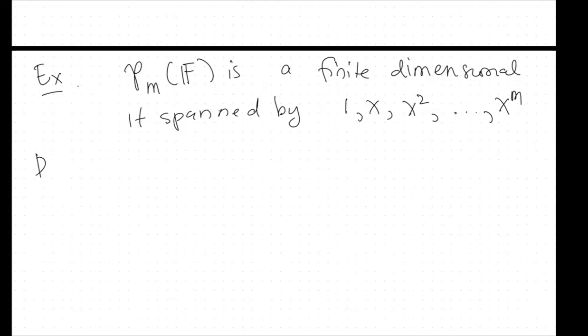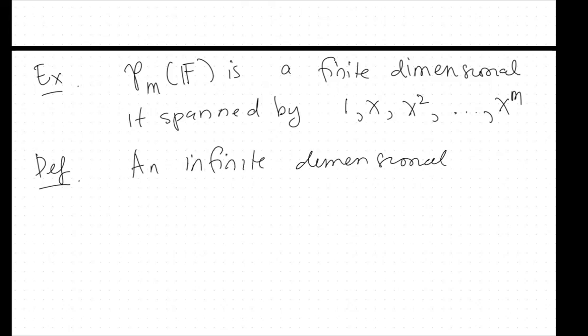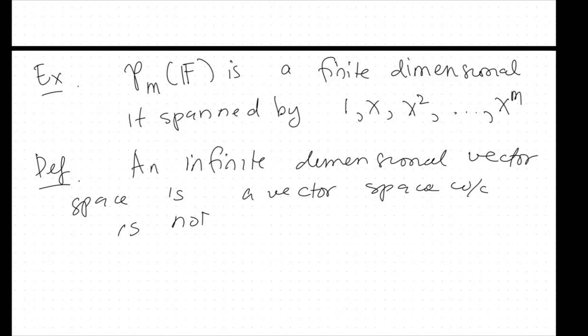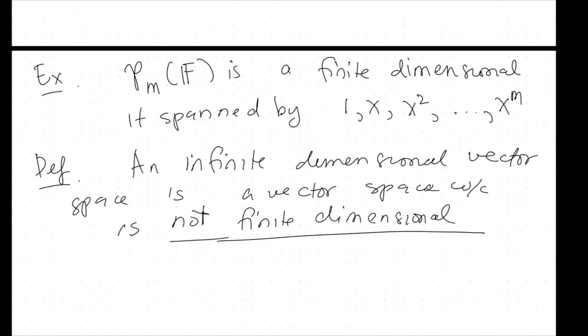We now define an infinite dimensional vector space. It is a vector space which is not finite dimensional, meaning the number of elements in the spanning list is infinite.